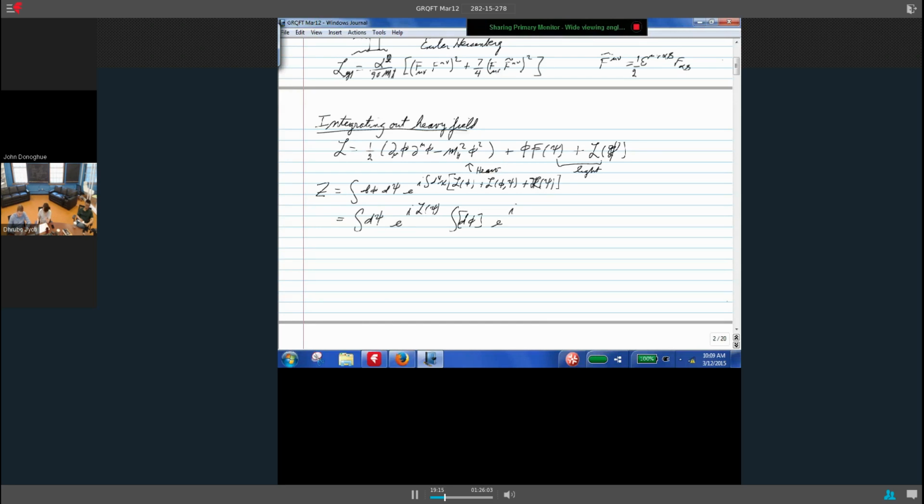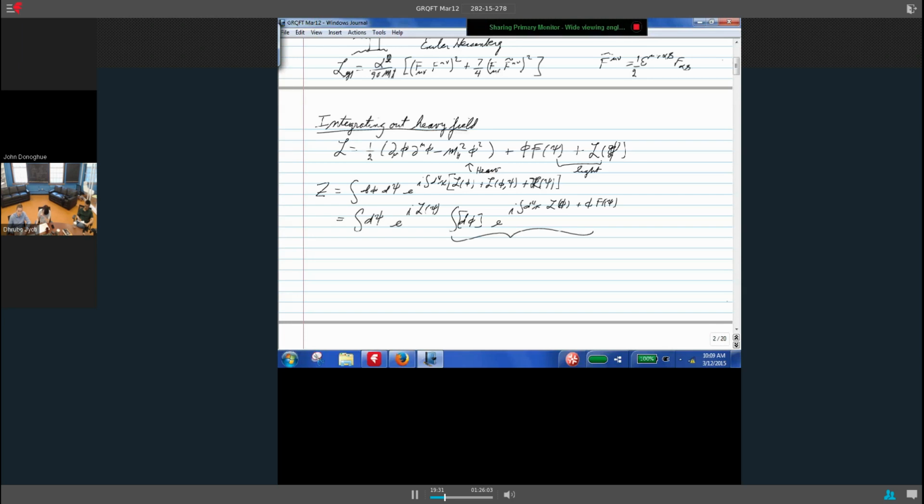And the idea is that you can do the path integral in this case over the heavy field, leaving just an integral for the light field. So we have d psi, e to the i L of psi.